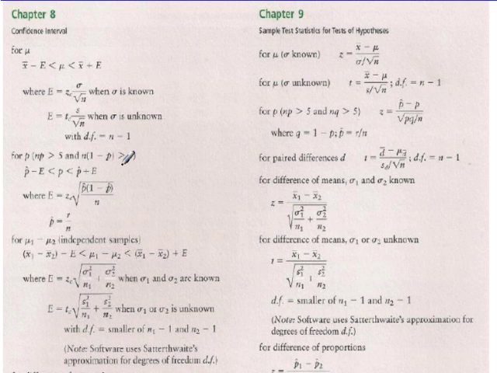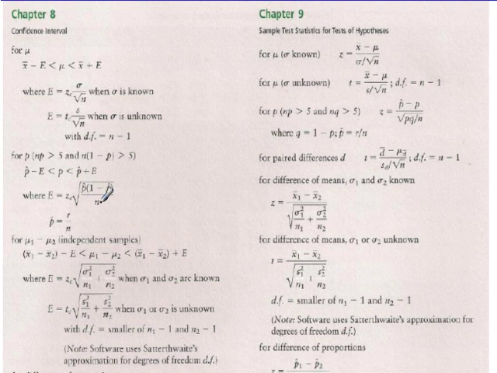Given we check that, then our confidence interval is nothing other than P hat, which we already have, minus and plus an error. And they tell you what the error is. We have to carefully look up Z with the correct confidence level, multiplied by the square root of P hat, which we already have, times 1 minus P hat, which is the same thing as Q hat, and divide that by N, which we have as well.